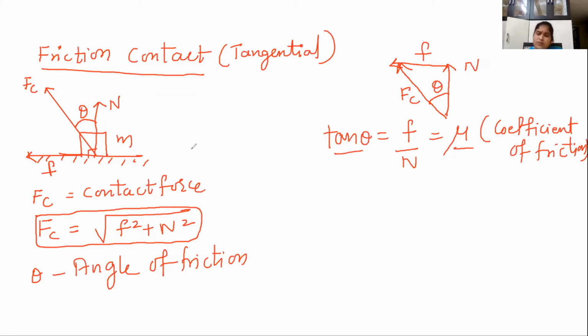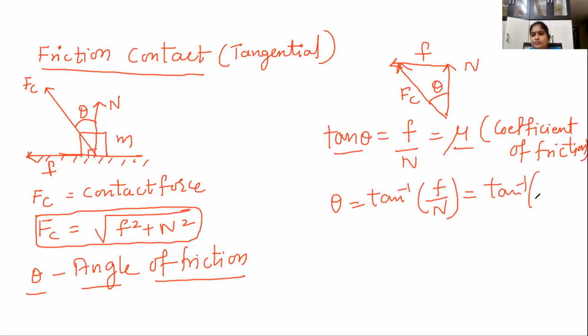But suppose we want only theta. What is theta? We discussed it: that is the angle of friction. So the angle of friction is tan inverse of F by N, or you can write tan inverse mu. The angle of friction depends on the frictional force and the normal reaction.